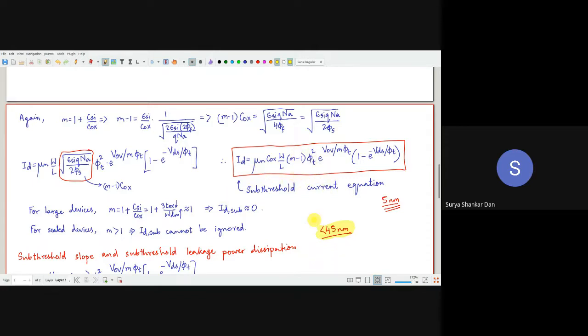It's a very old textbook based on 180 nanometers. So don't think that Kang doesn't know anything. It's just that they are using 180 nanometers or 250 nanometers. Over there, small m equals 1. That means they need not even bother about the subthreshold current equation or even subthreshold leakage.